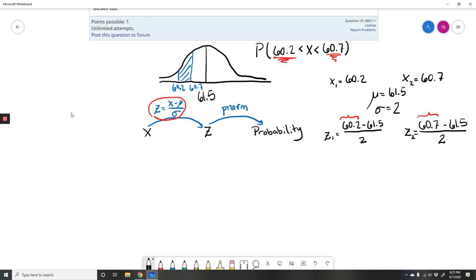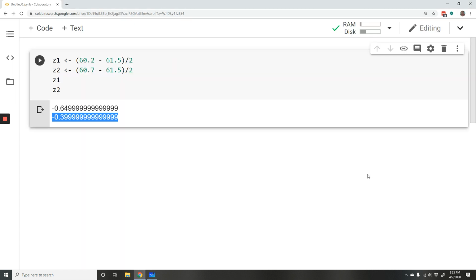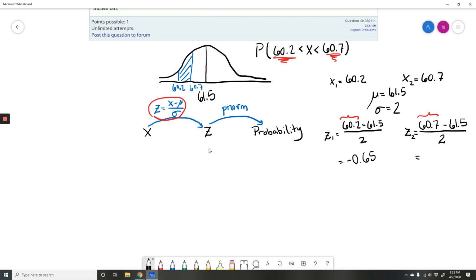So z equals negative 0.65 is about what that rounds to. And our second z here is about negative 0.40. Okay?